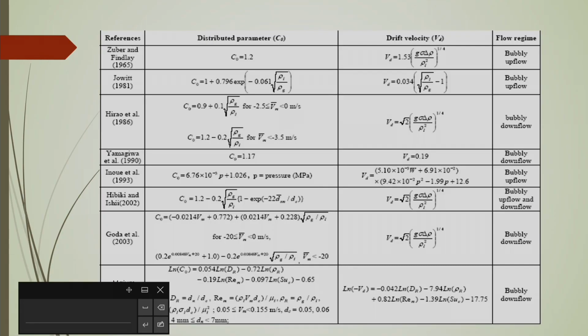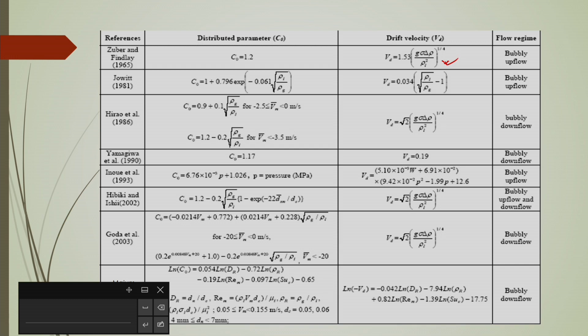Now, to predict C0 and Vd at different operating conditions, several investigators have suggested several correlations. C0 is generally about 1.2, almost constant for an upflow system as per Joubert and Findlay, and drift velocity is a function of the density of the fluid, correlated by this equation.